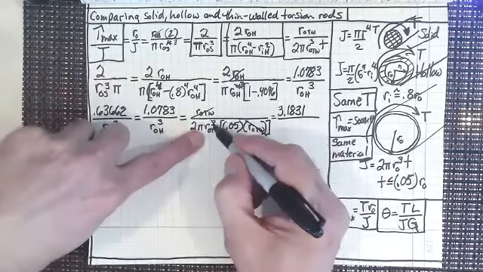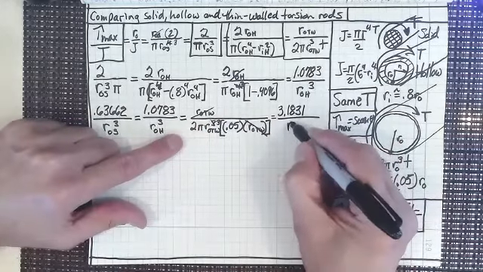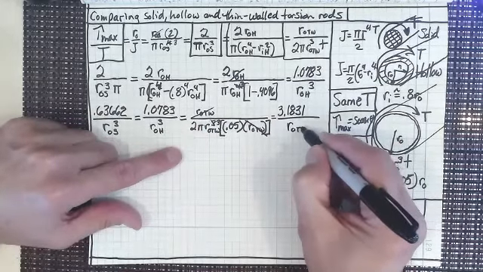Why don't we do that and leave that? Fine, that's still a 3. And then that'll be R outer of the thin walled tube.